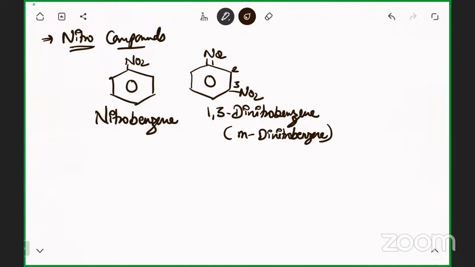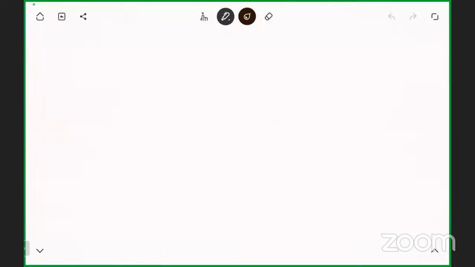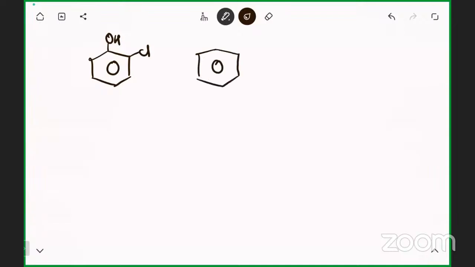Okay, so let's do a mixture from the next page. I'm making the compounds. You have to tell me the name. We'll do a few examples. You can make them in your notebook and start doing it, and just tell me the answers.